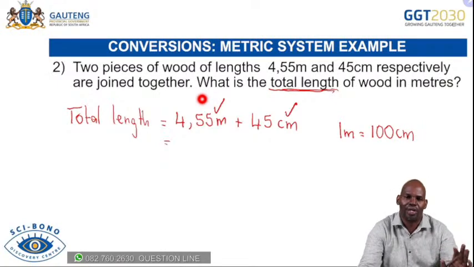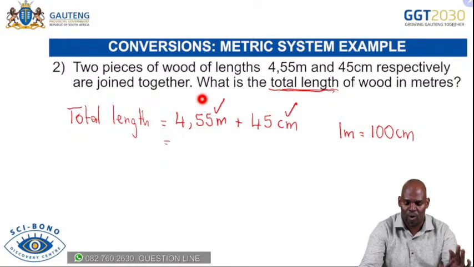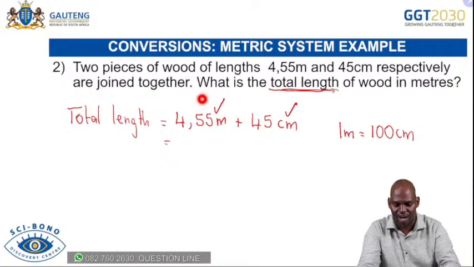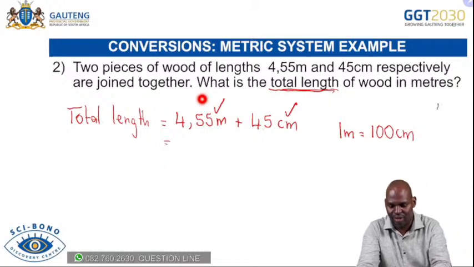Just go and look at that table again. Then again, we need to convert. If you convert from meters to centimeters, we multiply by 100. But if you convert from centimeters to meters, we divide by 100. So if you take 45, you divide it by 100.